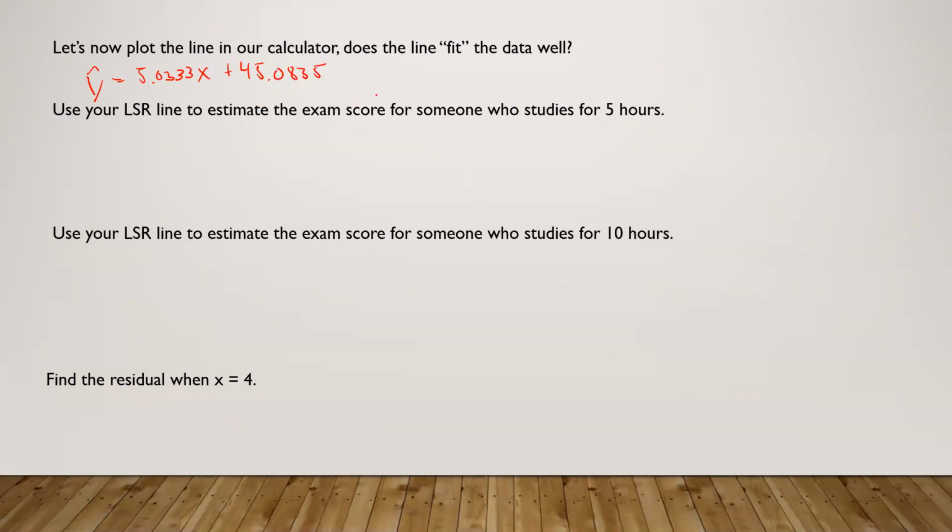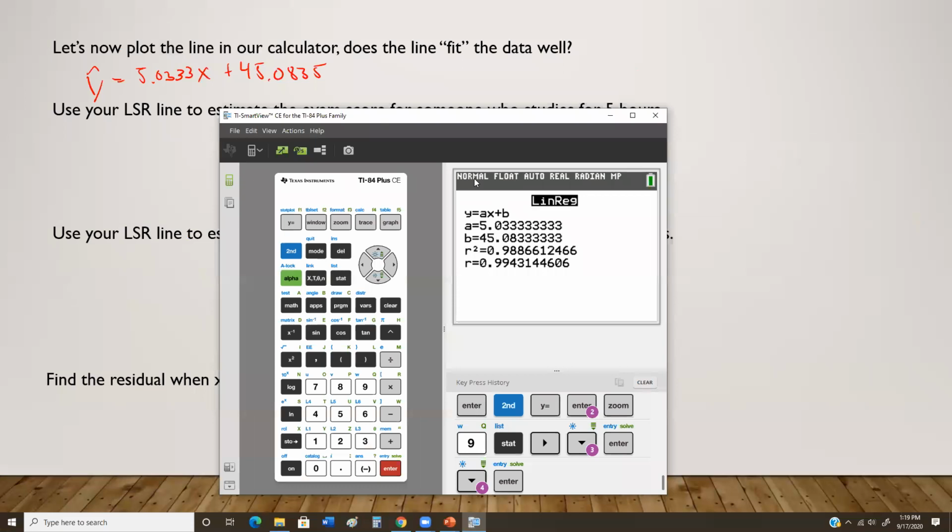So the first question says, now let's plot the line in our calculator and see if it fits the data well. So what I want to do is put this line into my calculator. If you still have all this plugged into your calculator, you can follow along. If not, just watch me, and don't worry, we're going to do another example in a little bit.